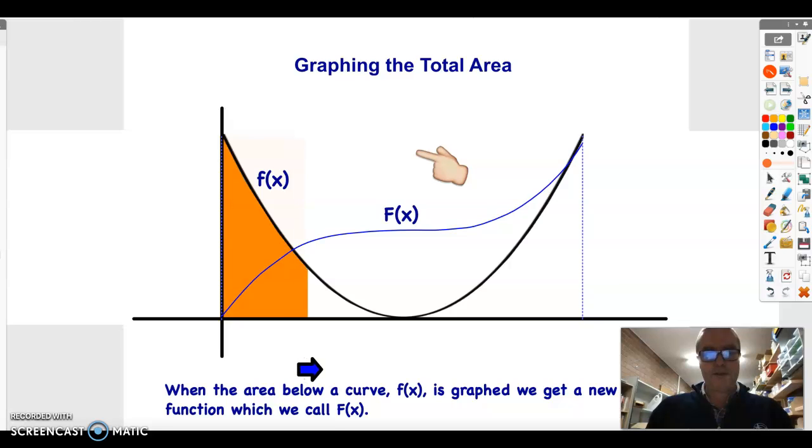It's been increasing quite quickly so far, but now it's increasing only a little bit at a time because the function is close to the x-axis, and so our capital F function is increasing but only slowly.